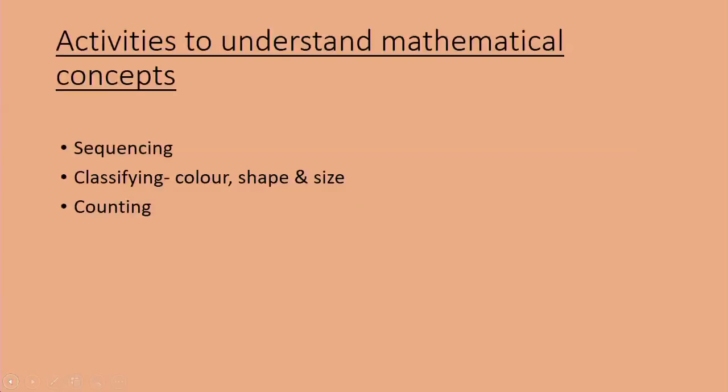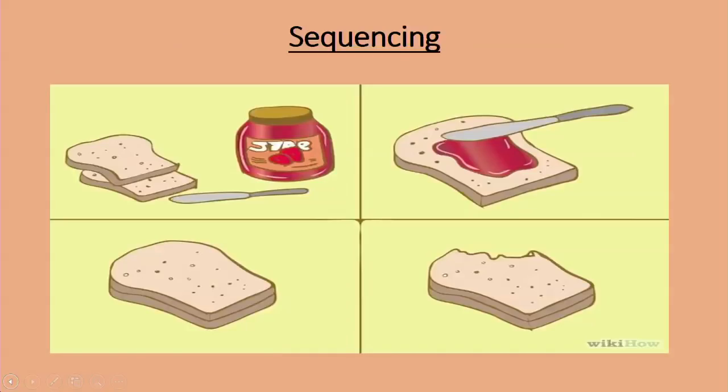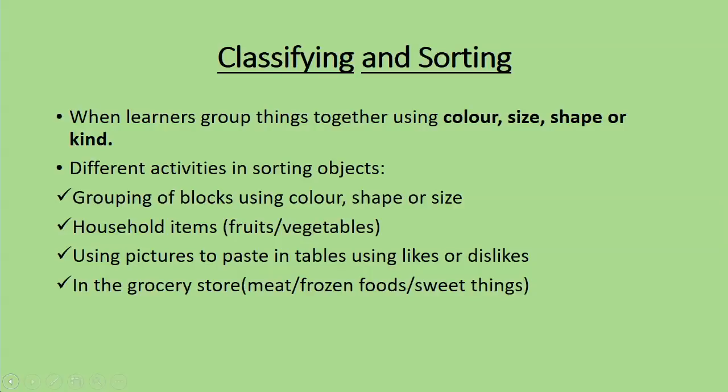Right, then classification, when it comes to color, shape and size. What is classification first? When I ask my learners to classify something, I expect them to classify things using color, size, shape, or kind. Here I have counters of different colors.